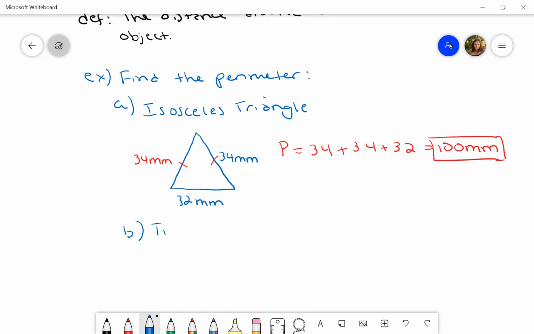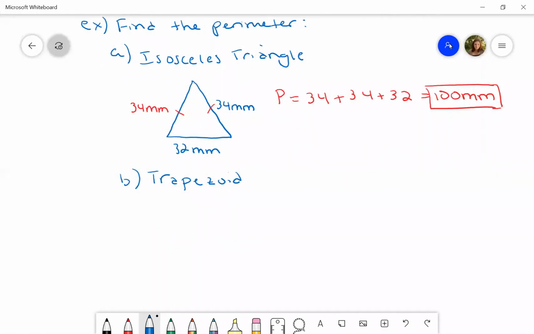Let's say this time we're given a trapezoid. And how about it looks something like this. All right, we're told that this is 30 millimeters. This is 40 millimeters.